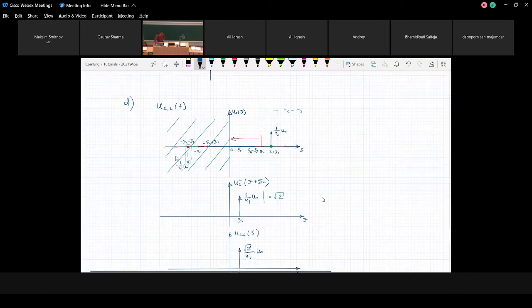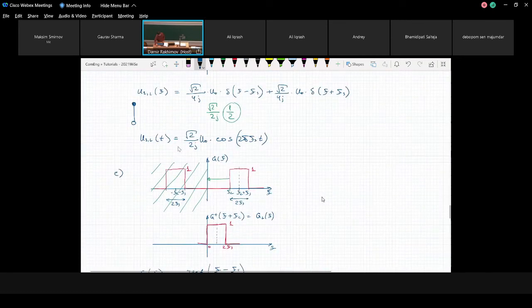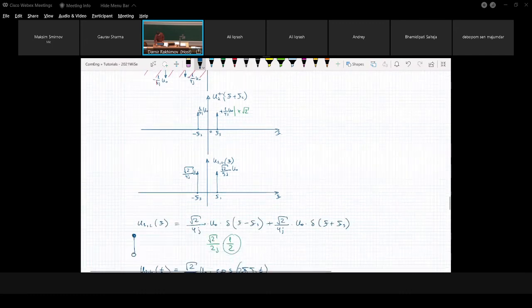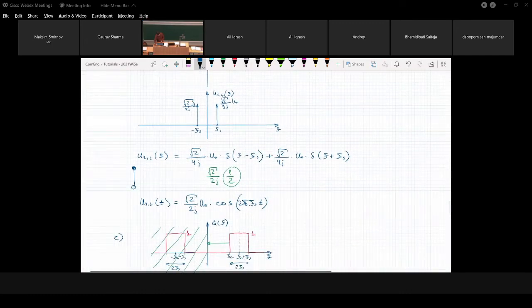Okay, let's go back to part B. This one. And if we forget to apply the same, no, we didn't forget because we have only one delta pulse. Why did I do it like this? Because I can write it the other way around.